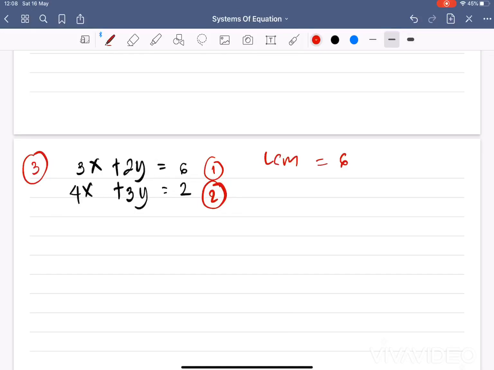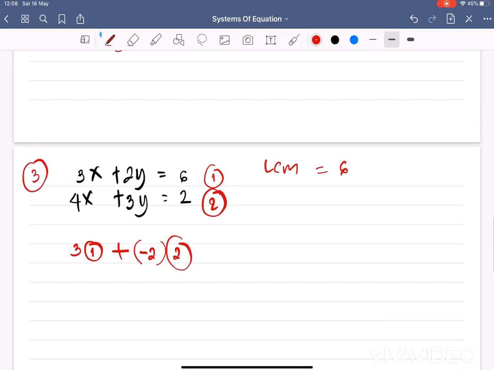If I'm going to consider equation number 1, I want to make 6 here. So I will multiply 3 to equation number 1, and I'm going to add it with equation number 2. But to make this one 6, I will multiply 2. But I need to have opposites in order for me to eliminate y. So instead of multiplying 2, I will multiply negative 2 to equation number 2. And then I will add them together.